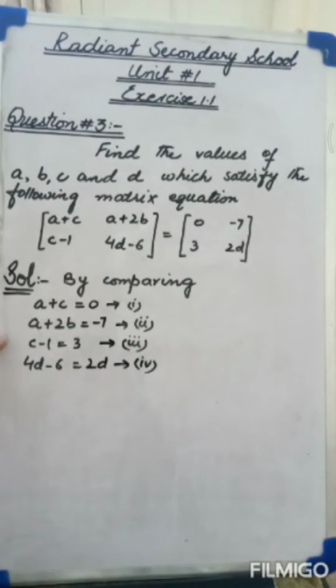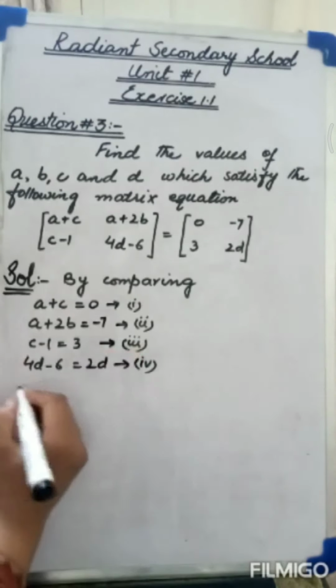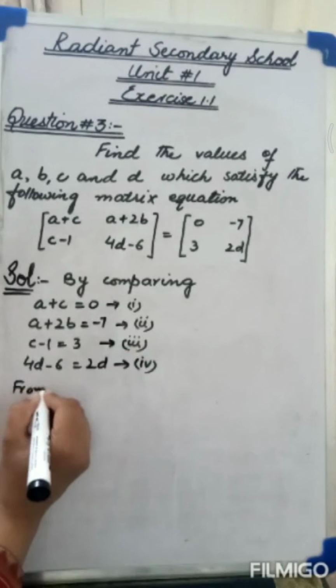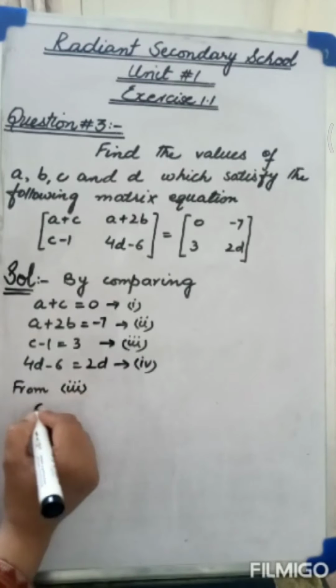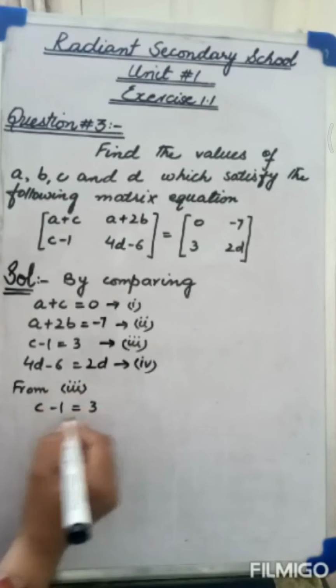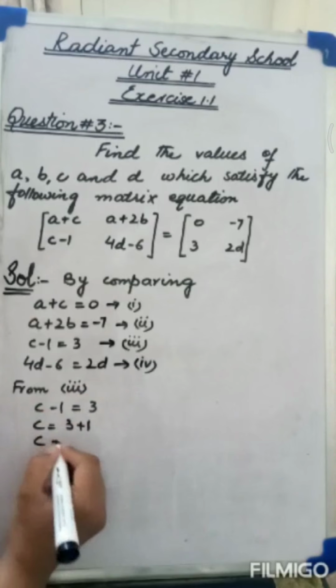Now students, we will first select the equation in which there is only one variable. From 3 you can see there is only one variable, C. So C minus 1 equals 3. So C will be equal to 3 plus 1, 4.